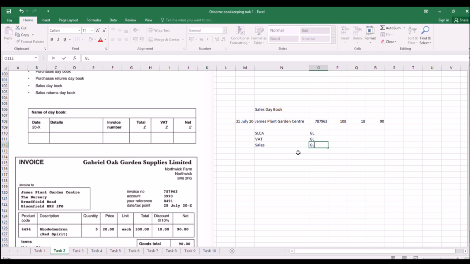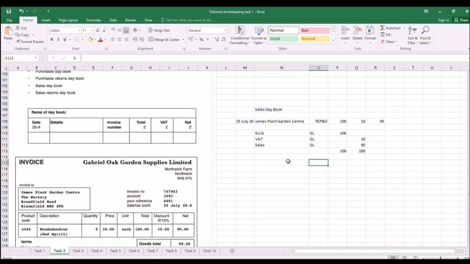What we do is post the total amount owing as the debit. That's the asset, the money we're going to have in the future coming from our customer. The VAT is going to be the credit, the money going out to HMRC in the future, and the sales is going to be a credit as well, the money that's going to our shareholders in the future, which they'll want back. There's our balancing journal there.